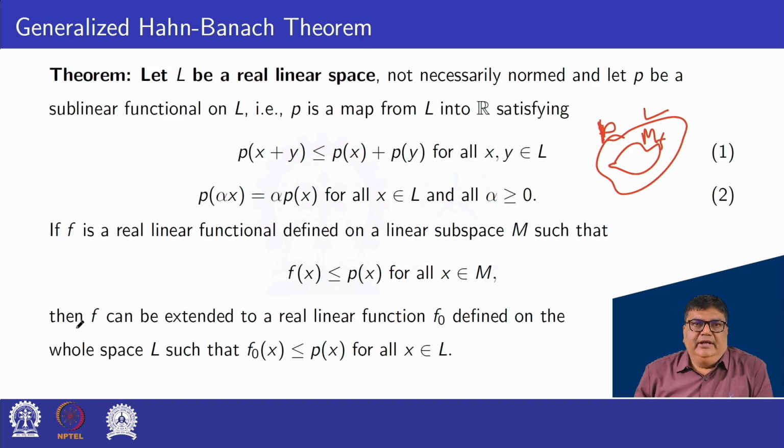Then f can be extended to a real functional f0 defined on the whole space L such that f0x is less than or equal to px for all x belonging to L.